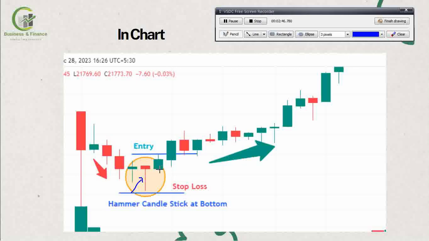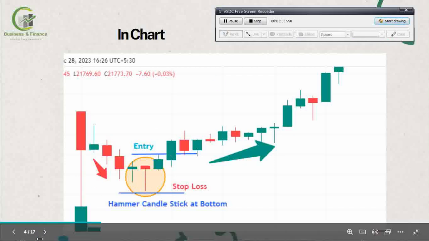We have to wait for follow-up candles which should close above that hammer candle, and that gives us a hint or alarm, so that right after crossing the high of this follow-up candle we can enter, keep the stop loss below the hammer candle with a buffer of 1 to 2 points, and then we can ride the reversal trade. But it should be formed at an important support level. After identifying that, only then you should trade.